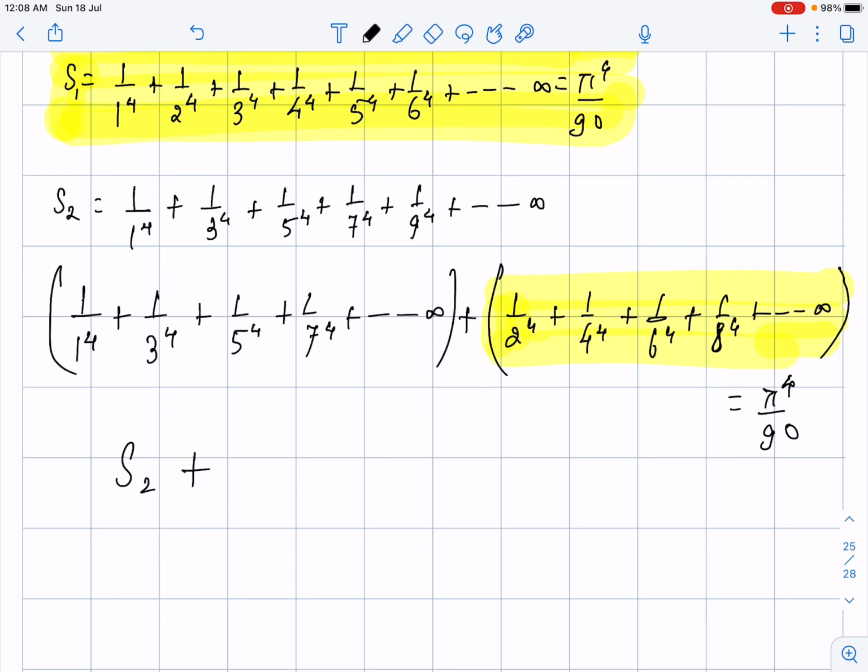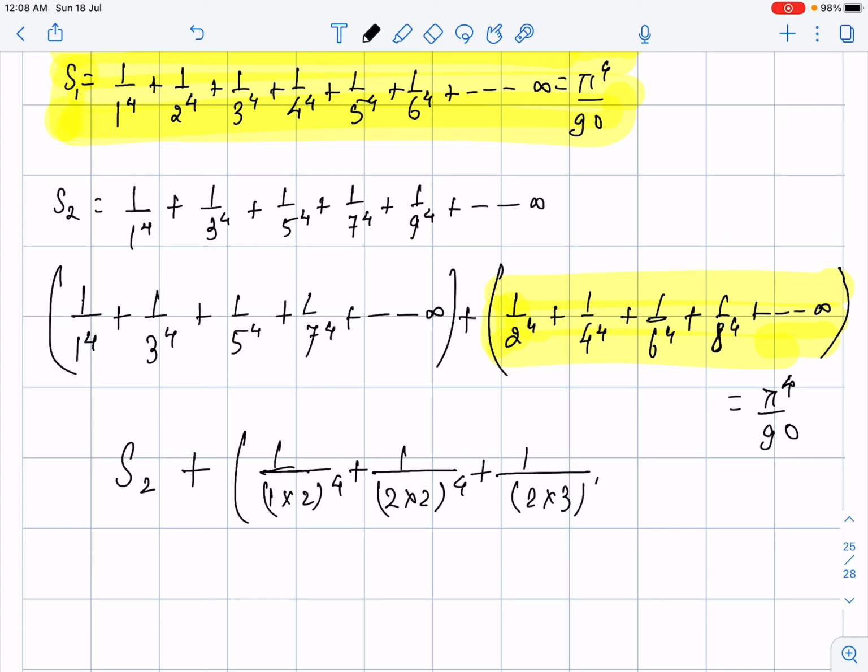Plus 1 upon 1 multiplied by 2 power 4 plus 1 upon 2 multiplied by 2 power 4 plus 1 upon 2 multiplied by 3 power 4 plus 1 upon 2 multiplied by 4 power 4 goes on up to infinity is equal to pi power 4 by 90, given to us.